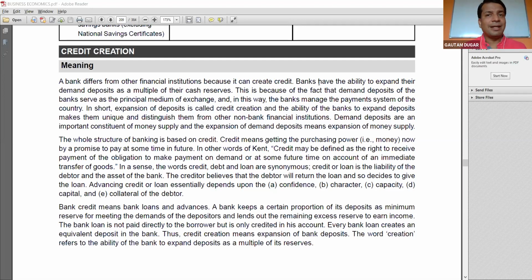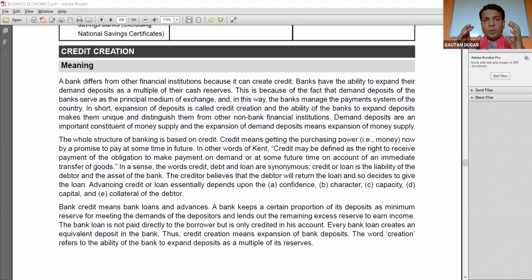And one is SLR. A portion of the deposits will have to be kept by the commercial banks with themselves in the form of liquid cash, maybe in the form of cash or balance with other banks, or in the form of approved government securities, which can be liquidated at any point of time.